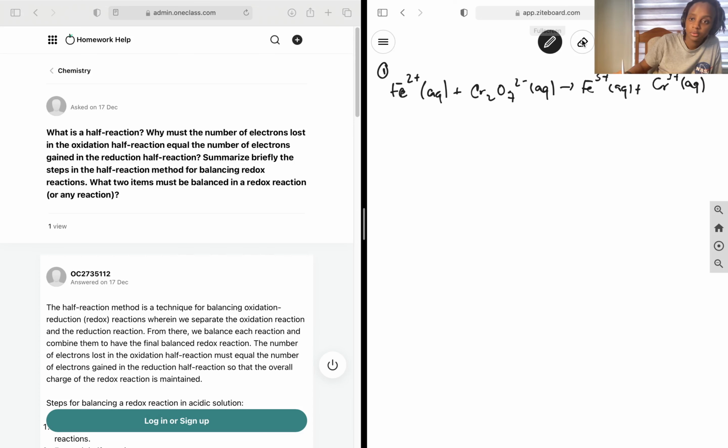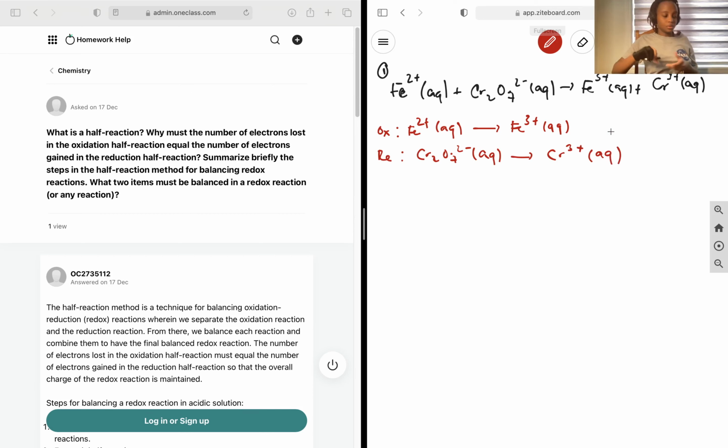And so we're going to write down our separate equations. For oxidation, we're going to have Fe2 plus in aqueous solution to Fe3 plus in aqueous solution. And for our reduction reaction, we're going to have the other ion in aqueous solution to Cr3 plus in aqueous solution.